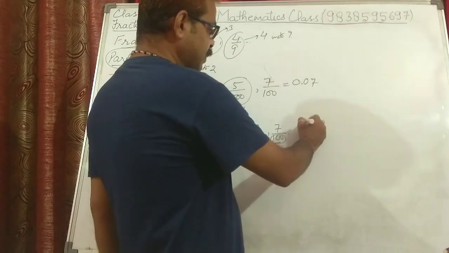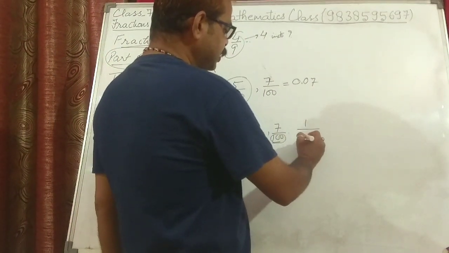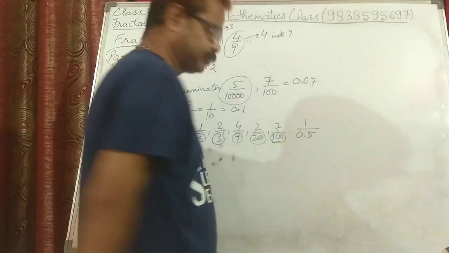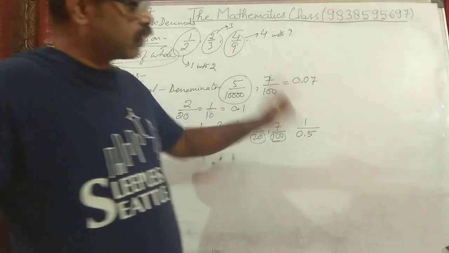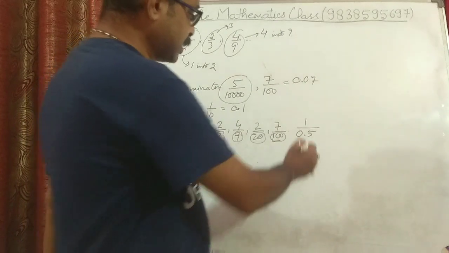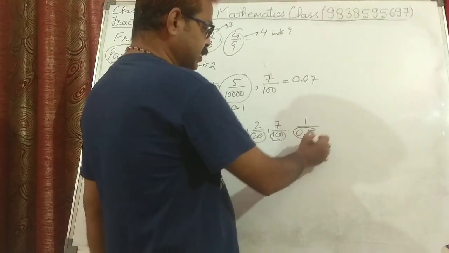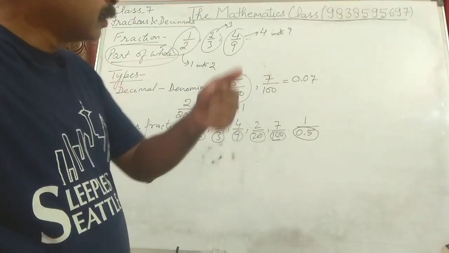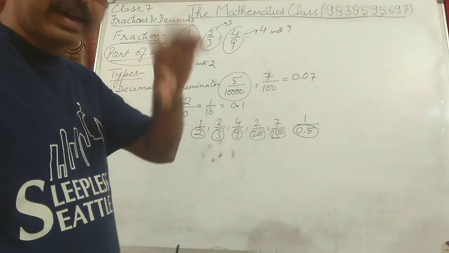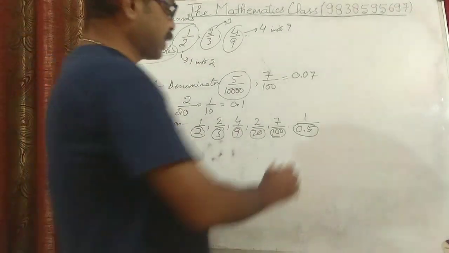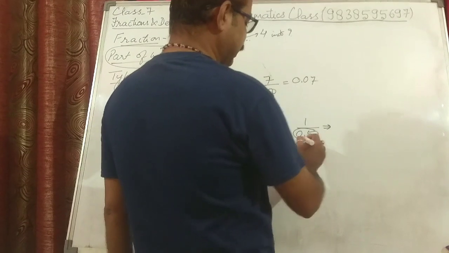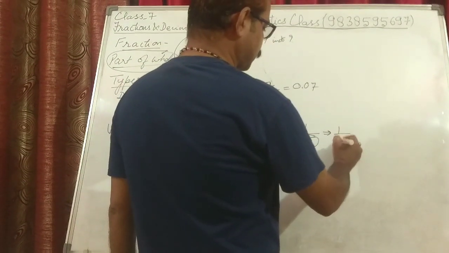Suppose I say 1 upon 0.5. This is not a vulgar fraction because the denominator is not whole, it is in the form of a decimal. We can convert it to a vulgar fraction. How? It is 1 upon 0.5.